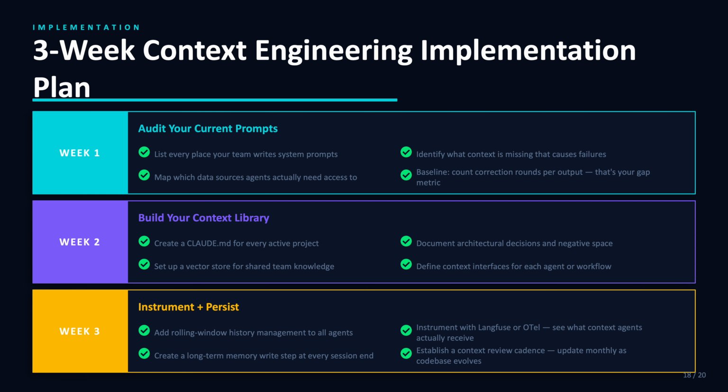Here's the concrete implementation path. 3 weeks. You're not rebuilding your entire system. You're adding context engineering to what you already have. Week 1. Audit. Before you build anything, understand what you have. List every place your team writes system prompts. Identify what context is missing that causes failures.